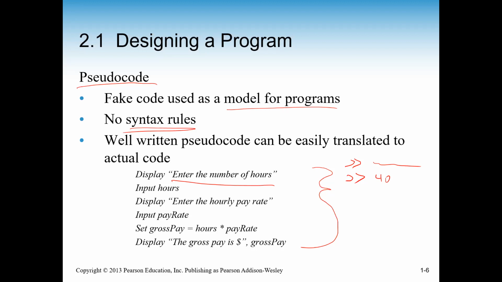And once you hit enter, it's going to prompt another message: enter the hourly pay rate, right? So you've entered 40 hours, and now you say, okay, $12, and that just implies $12 an hour, because it's saying hourly pay rate.